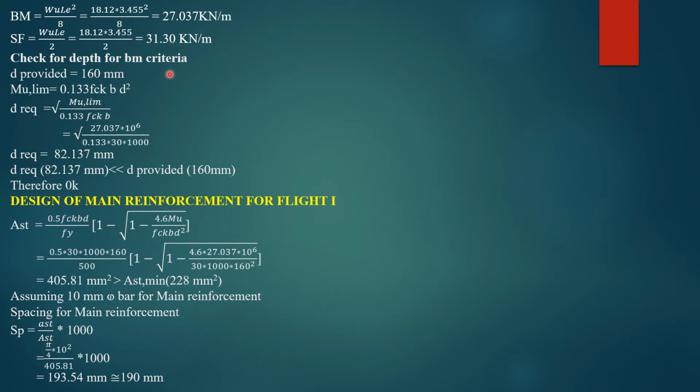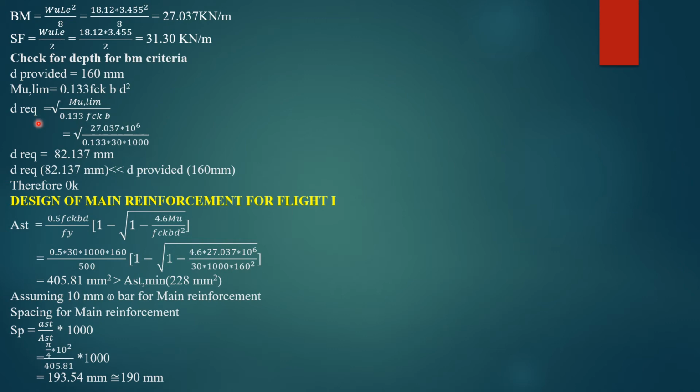After this, let us check the bending moment criteria as per the depth. In the previous slide, we already calculated the effective depth as 160 mm. The formula given in the IS code is MU limiting equal to 0.133 FCK BD square. We already know FCK and B, and MU is 27.037 kilonewton meter, so we keep D as unknown and calculate what D required is.